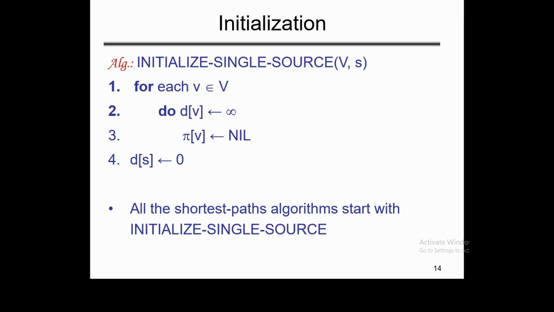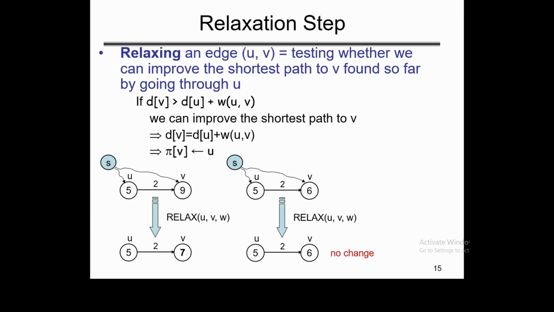That will be the source node, and we will find the shortest distance from that source node to the other nodes. Now the relaxation step is the same as we did in the Dijkstra algorithm. Relaxing an edge means testing whether we can improve the shortest path to v found so far by going through u.